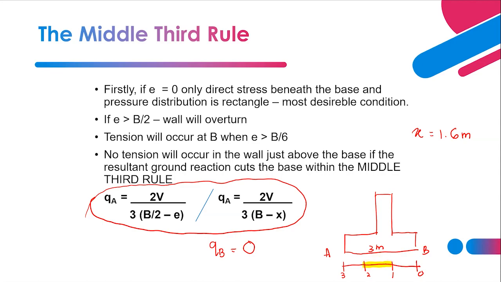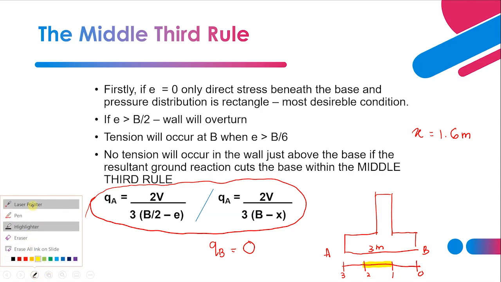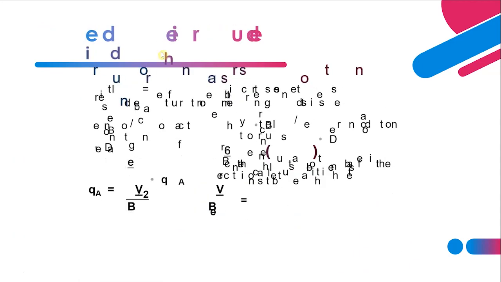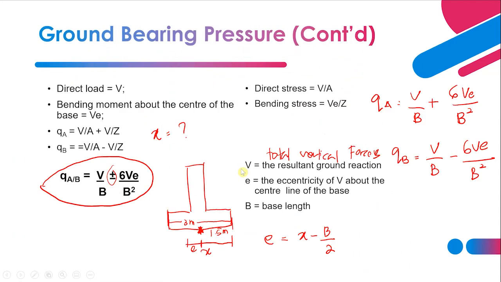So if let's say you dapat 1.6, dia masih lagi between 1 meter ke 2 meter. Maksudnya dia masih lagi middle third. So when it is still inside the middle third, you akan pakai formula yang dekat belakang ni. Okay. This formula is if it's inside middle third.